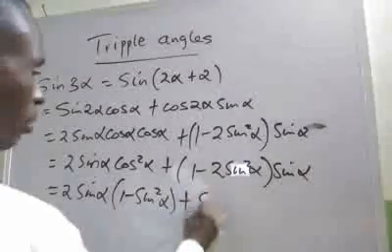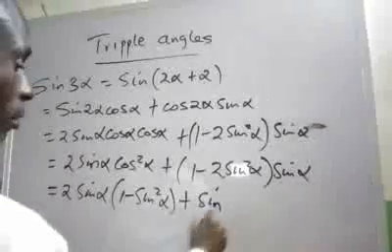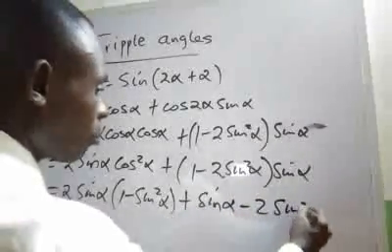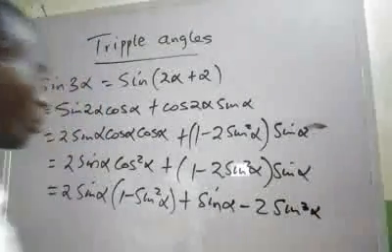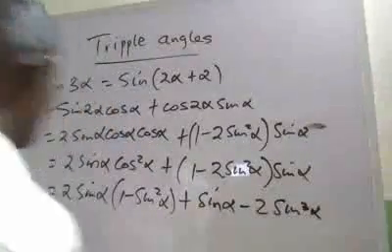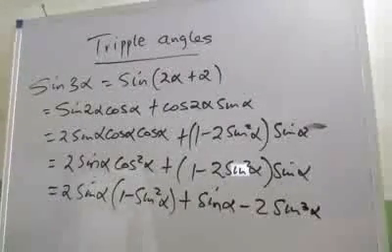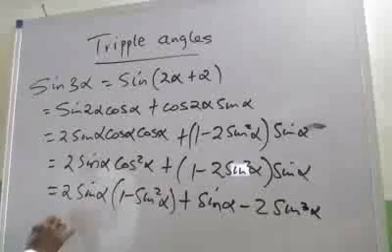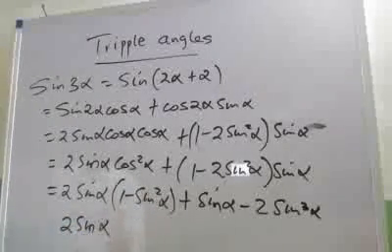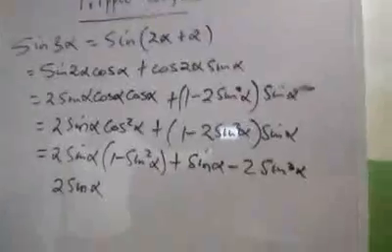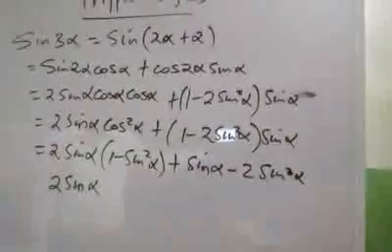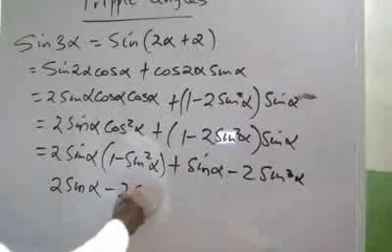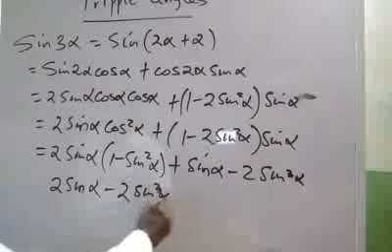If we open the first bracket, this will give us 2 sine alpha minus 2 sine cube alpha.